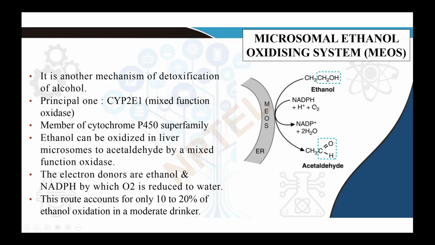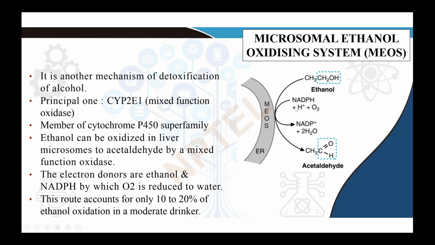Not NADH, NADPH will be used. It will act as the electron donor. So the electron donors are ethanol and NADPH, by which oxygen is reduced to water. Oxygen is the electron acceptor.